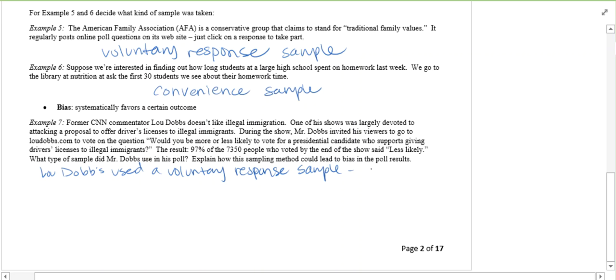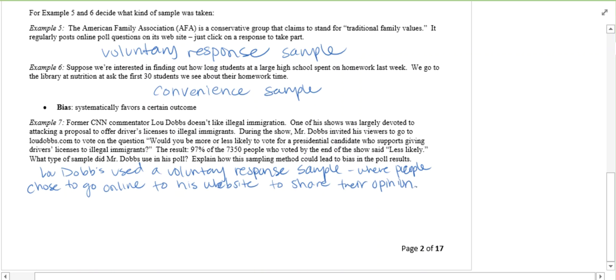Voluntary response sample where people chose to go online to his website to share their opinion. Okay, so that's the type of sample he used.